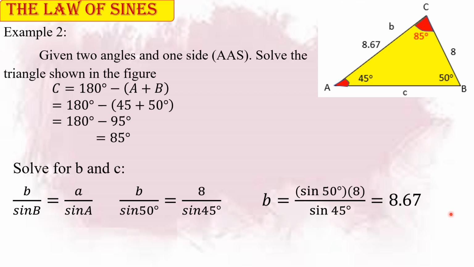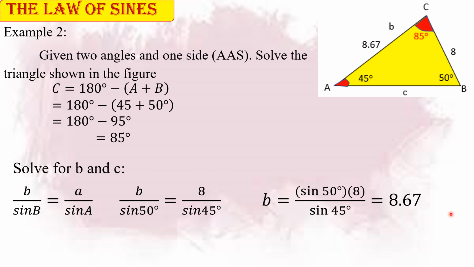So by rounding up, kunin lang natin yung dalawang number after the decimal point. So we have the 8.66. So yung katabi ni 6 is 6 then. So round up lang natin siya para maging 8.67. So that is correct.